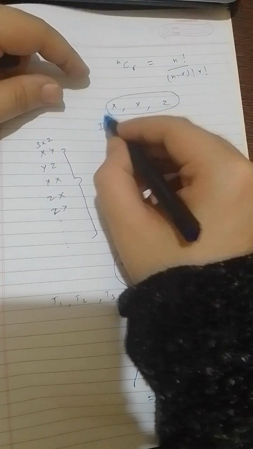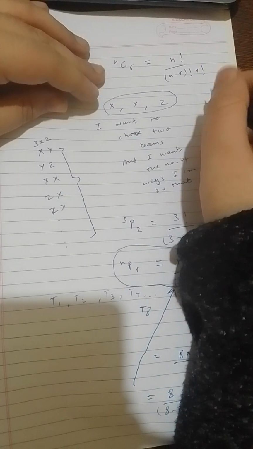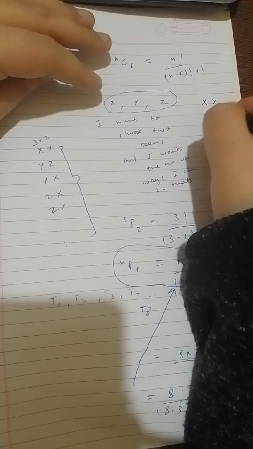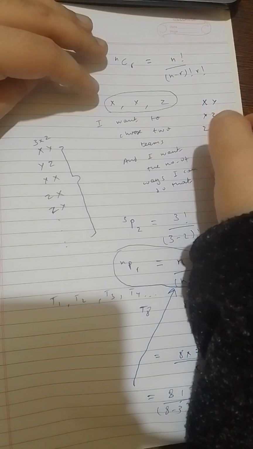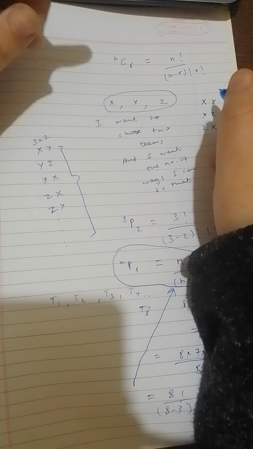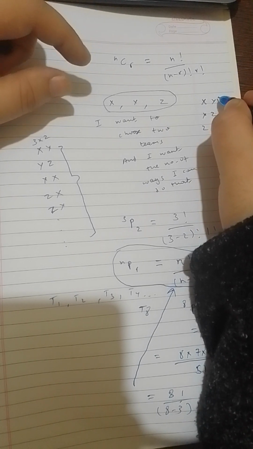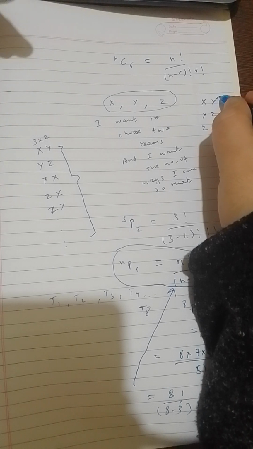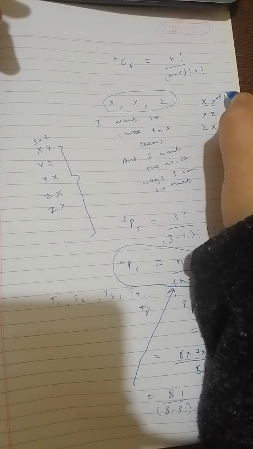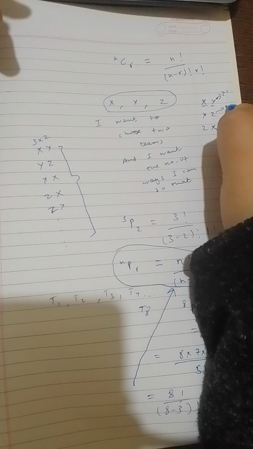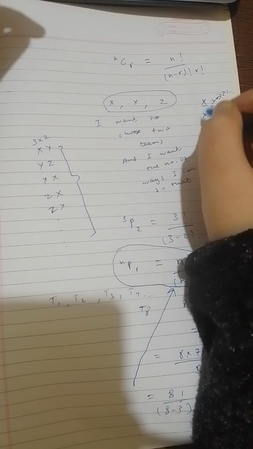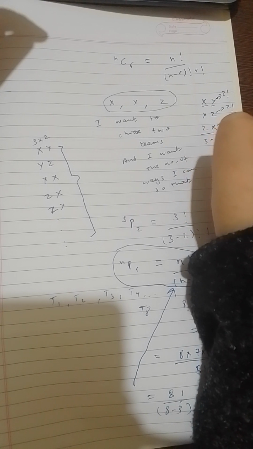The combinations you would choose, of 2 teams, would be XY, YZ, and ZX. And if you multiply this by the number of ways of arranging the things you are taking, which is 2, so if you multiply it by 2 factorial, you would get this number, 3 times 2 factorial.